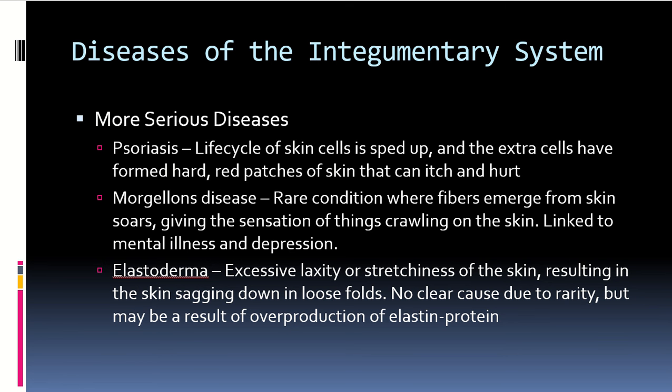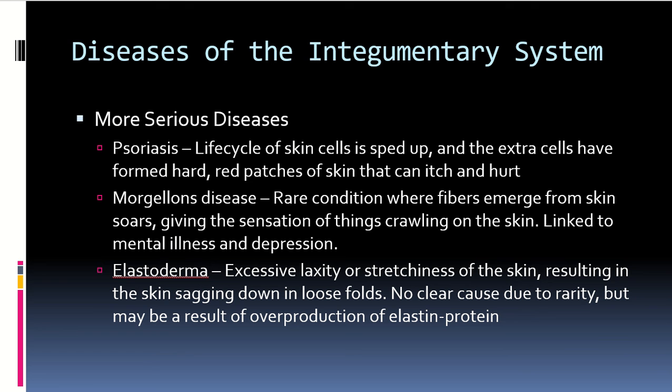But you become more susceptible to this when you have certain mental illnesses and depression. Basically, you might notice it more. You think that certain things are crawling under your skin, when in reality it's really just normal, healthy skin fiber.